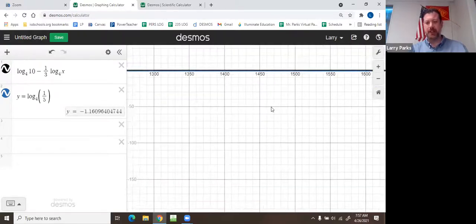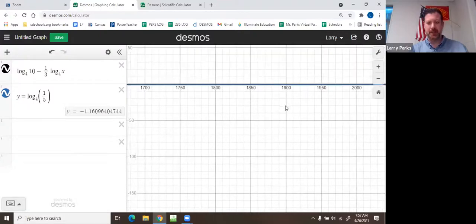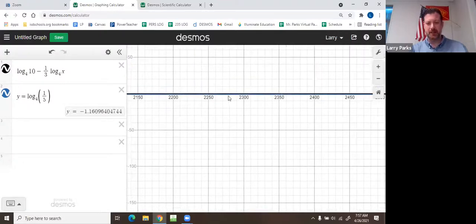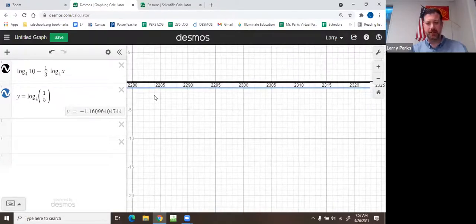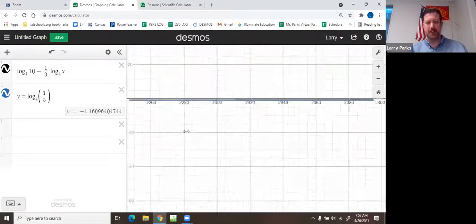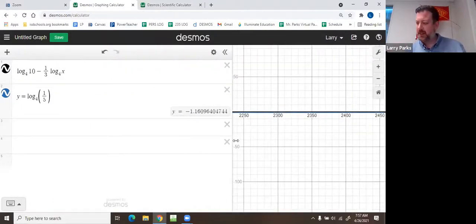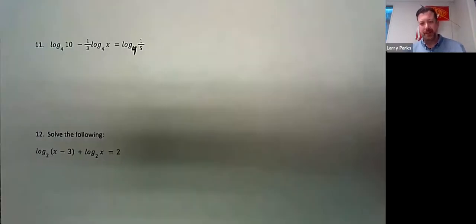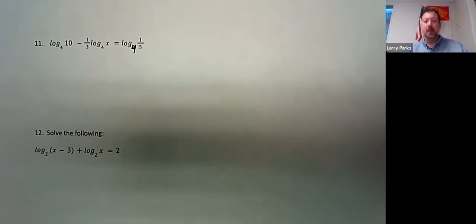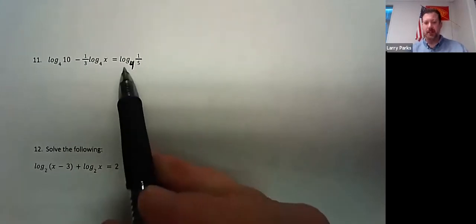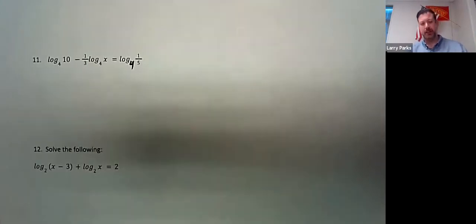Sometimes I get frustrated and just do it algebraically. I may have gone too far, and I'm terrible at graphing, so let's just do that one by hand. If you played around in there long enough, you'd get the answer. And again, I'm changing this from a 7 to a 4.